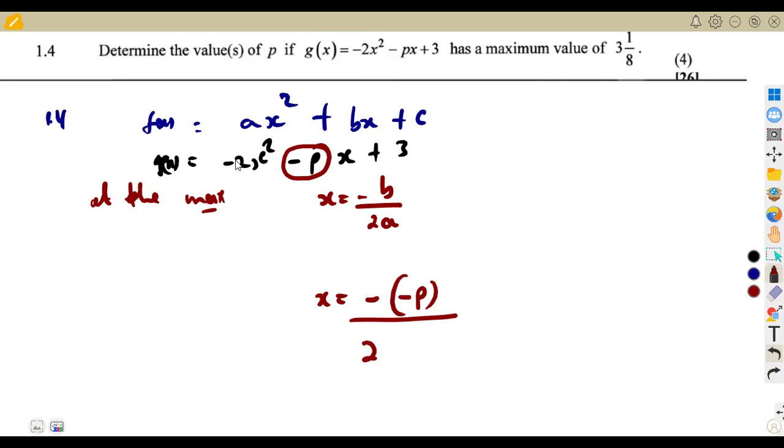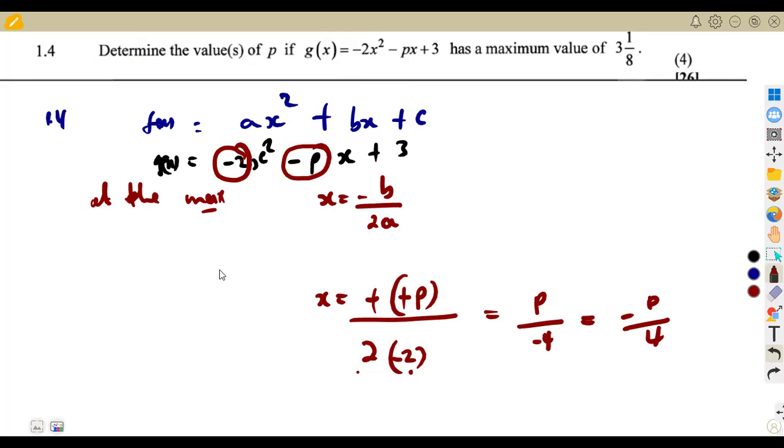Over 2 times a, which is the coefficient of x squared, which is minus 2. Minus, minus, that's a positive. So it's going to be 2 times minus 2, which is a minus 4. So this simply means we've got minus p over 4. If you want to use this, we've got minus p over 4 for simplification purposes.